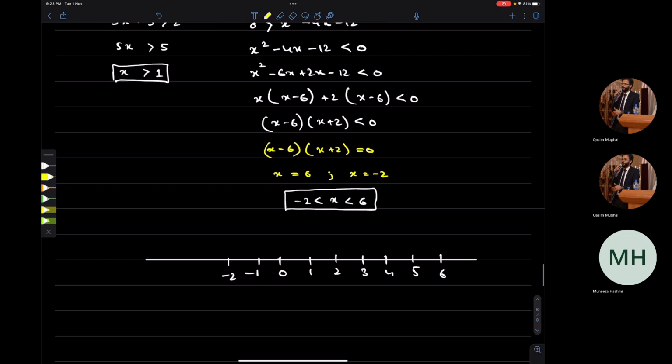For this one, I'm going to be using a yellow pen. So x is greater than 1. For this one, I'll be using an orange pen. So x is greater than negative 2 and it is less than 6.